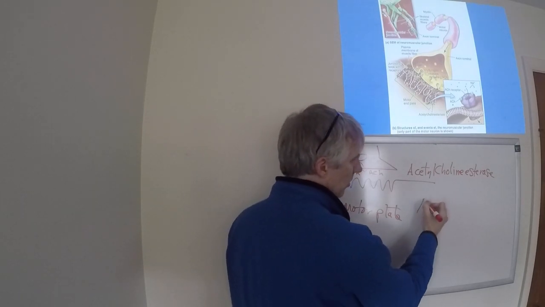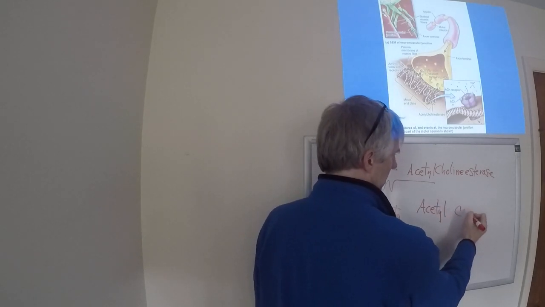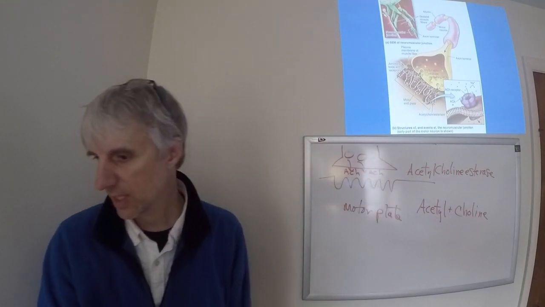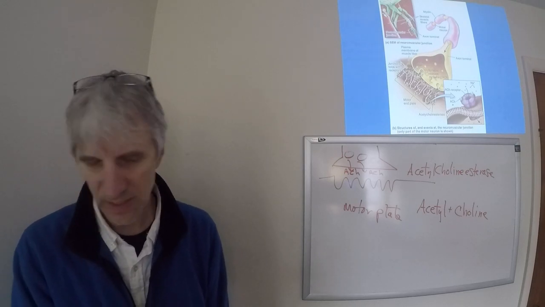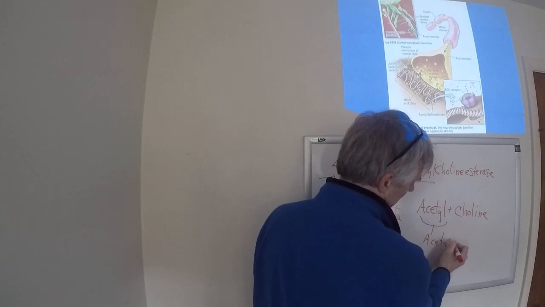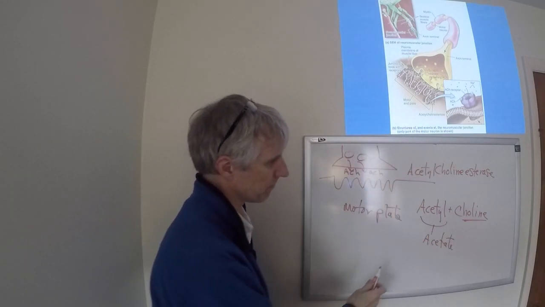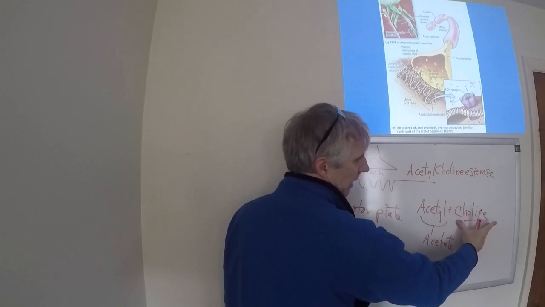The acetylcholinesterase basically breaks up the acetylcholine into an acetate group, which is what this becomes, and a choline. Okay, you break acetylcholine into an acetate and a choline.